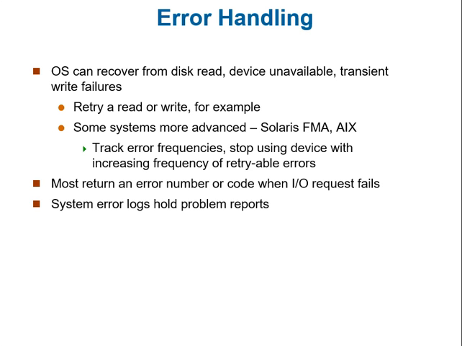So most return an error number or code when an I/O request fails. They have a specific code. That's why when you have difficulty or failure of some device, they will put specific error numbers. Normally the system error log or problem report can be viewed to see what type of error, which I/O and which process caused it, and so on.